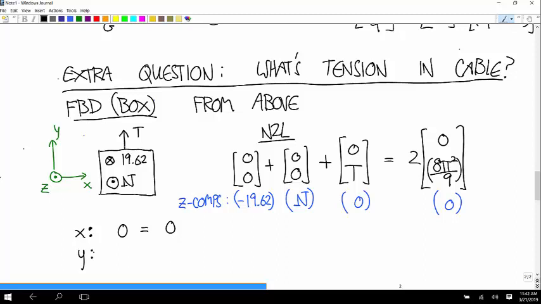The y equation says 0 plus 0 plus T is equal to 16 pi squared over 9. The z equation we're ignoring, and so this tells us that cable tension is 16 pi squared over 9.